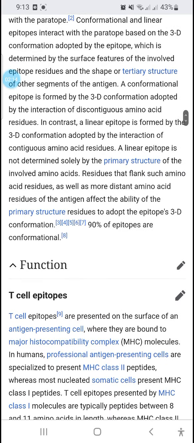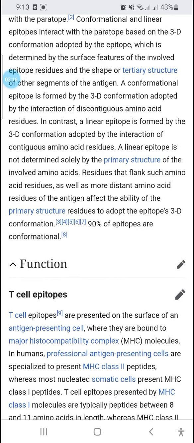Residues that flank such amino acid residues, as well as more distant amino acid residues of the antigen, affect the ability of primary structure residues to adopt the epitope 3D conformation. 90% of epitopes are conformational.